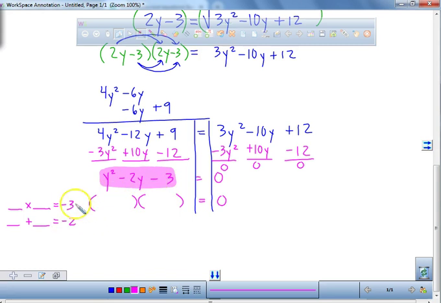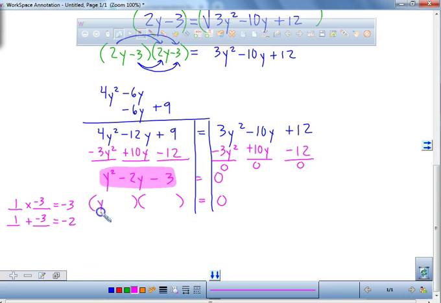So what two numbers multiply together to equal a negative 3, but they add together to equal a negative 2? 1 and negative 3, you're right. 1 times negative 3 is negative 3, and 1 plus negative 3 is negative 2.